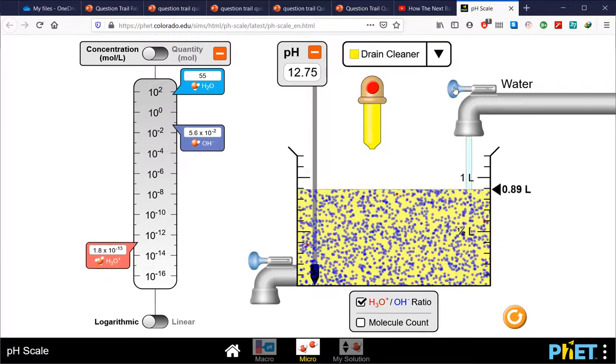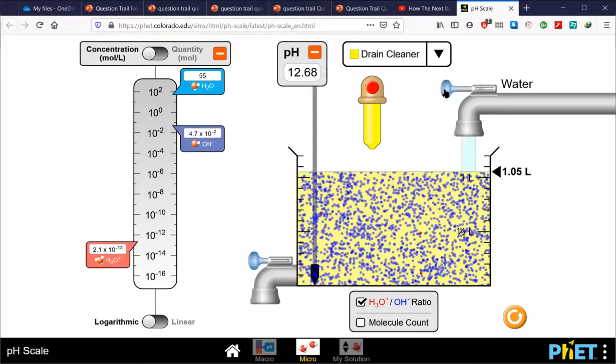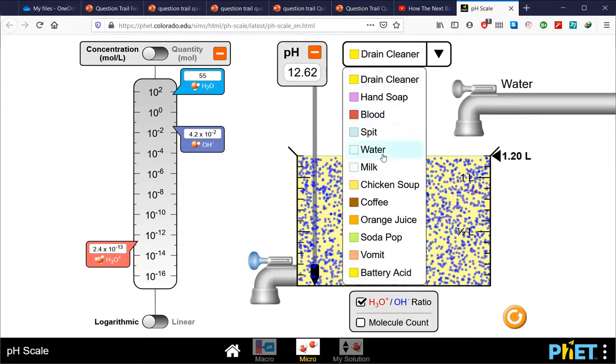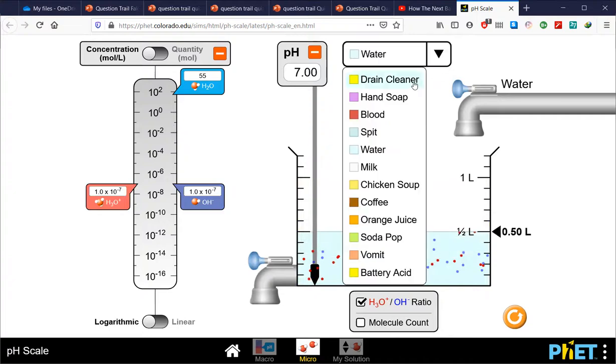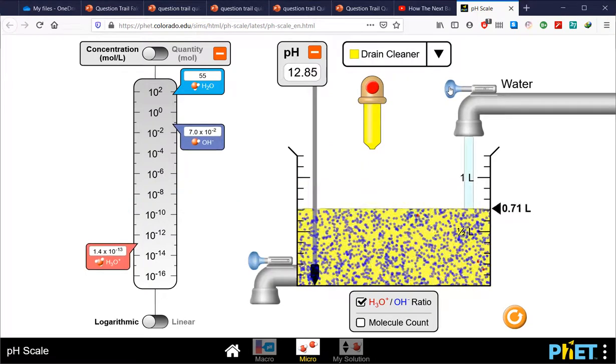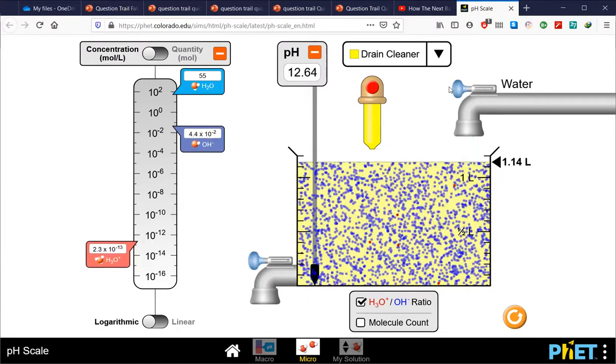The H3O plus concentration is going up. What happens to the molarity of the OH minus? It's going down. What happens to the pH? Let's try that again. The pH is falling. Look up top. It's going down.